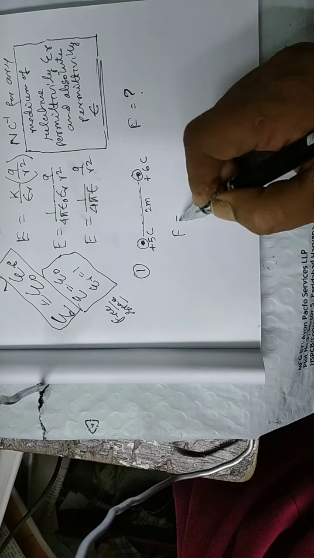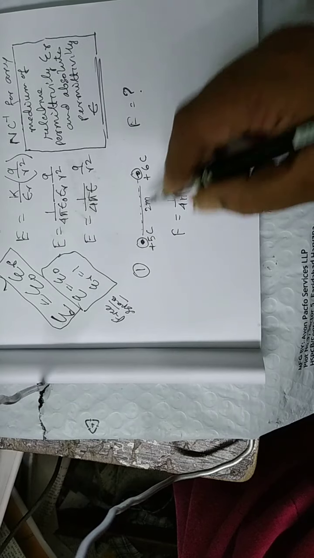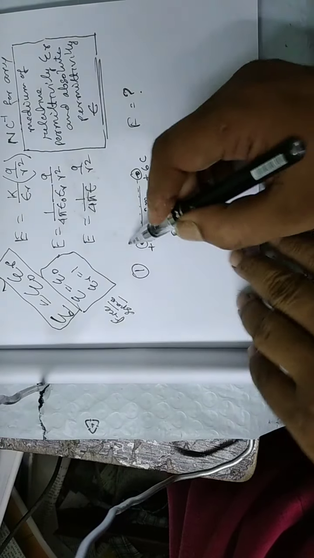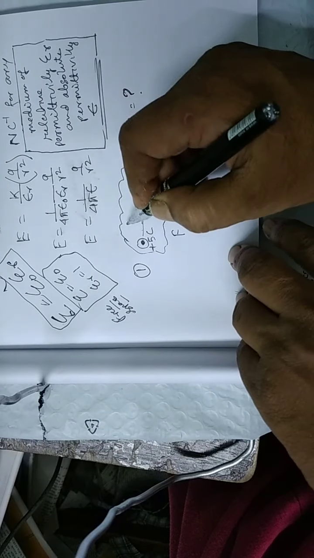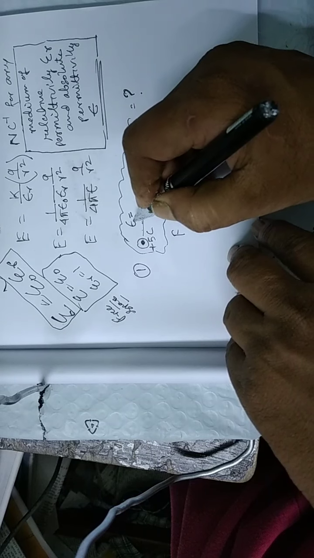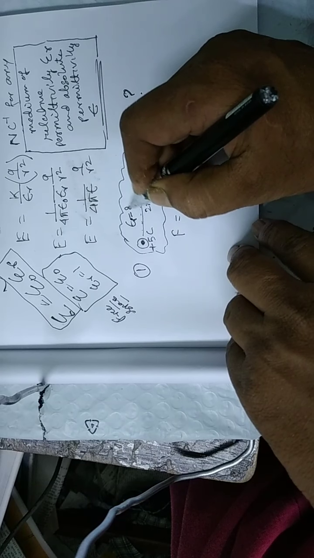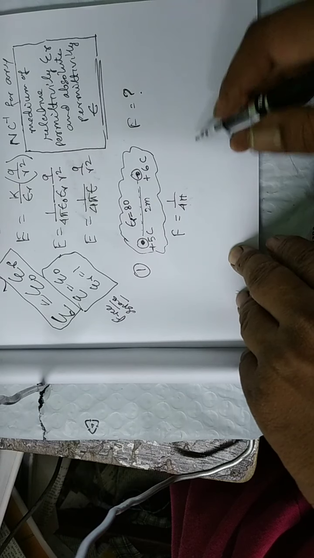F equal to 1 by 4 pi. What is the condition of surrounding? Suppose epsilon r equal to 80, right?